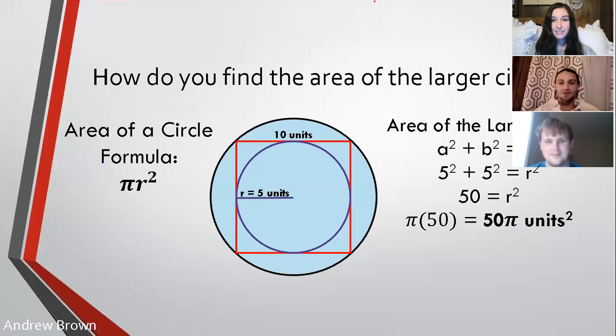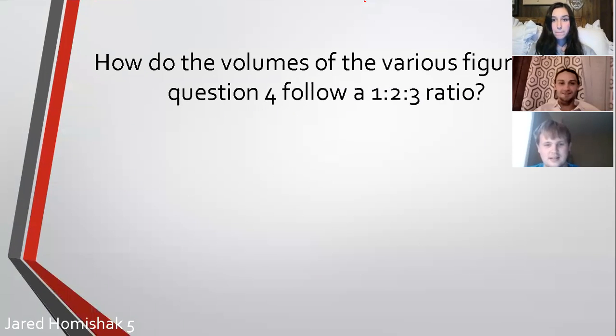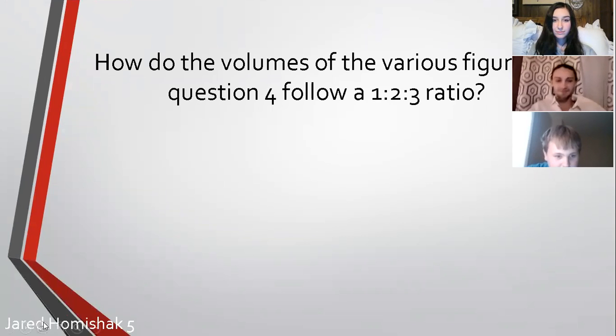All right. So Jared, I got a question for you. Go for it. All right. How do the volumes of the various figures in question 4 follow a 1 to 2 to 3 ratio? Well, I am glad you asked that. First of all, let's try and get these figures up. Okay.